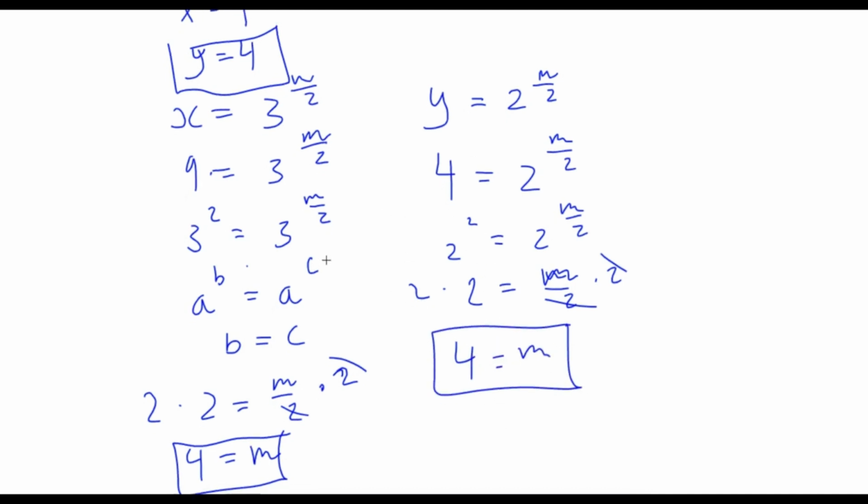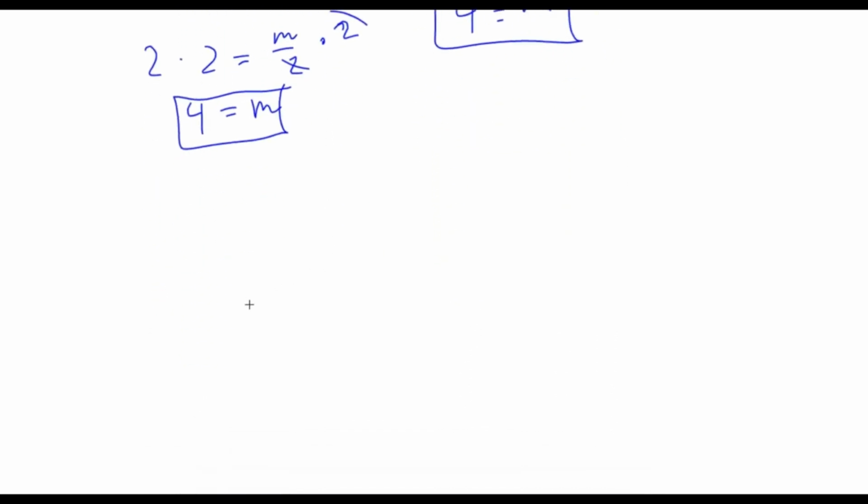So now that we have our value for m, let's go ahead and plug it into the original equation to see if it's right. So remember, our original equation was 3 to the power of m minus 2 to the power of m is equal to 65. Now m is equal to 4.